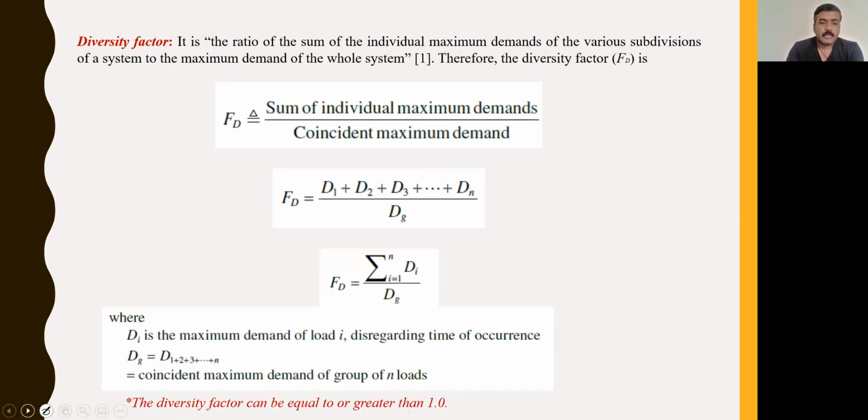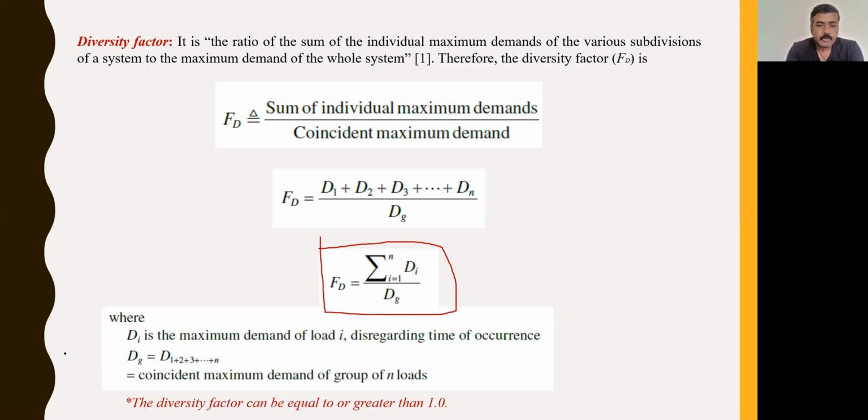And there is another definition called diversity factor, which is the ratio of the sum of individual maximum demands to the coincident maximum demand. In the formula, F_D is equal to D1 plus D2 plus D3 and so on up to Dn, divided by D_g. The ratio of the sum of all these demands to the coincident maximum demand is called the diversity factor.